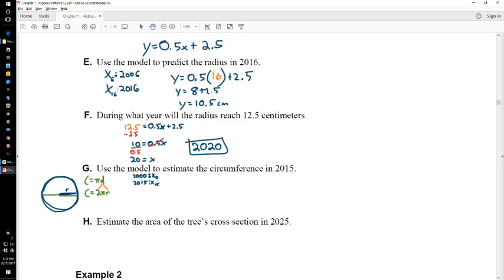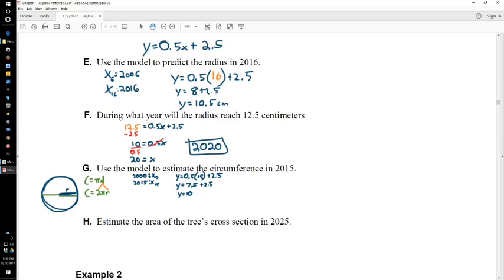Okay, so here we go. Y equals 0.5 times 15 plus 2.5. Well, 15 times 0.5, or half of 15, is 7.5 plus 2.5. So that's 10. Y equals 10. So we have a radius of 10.